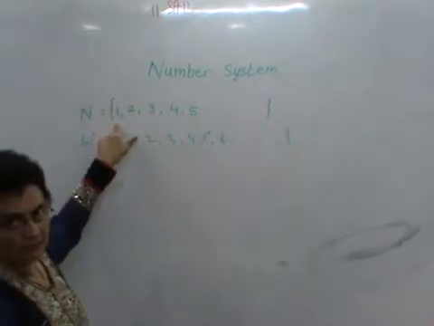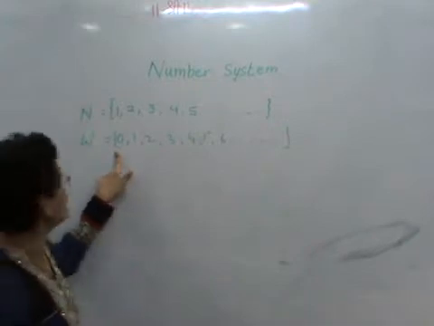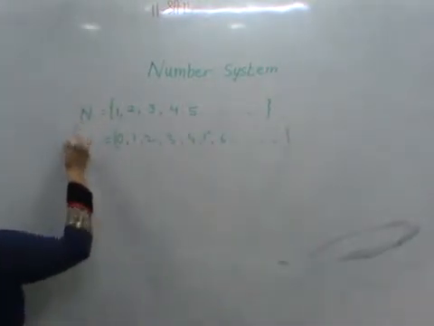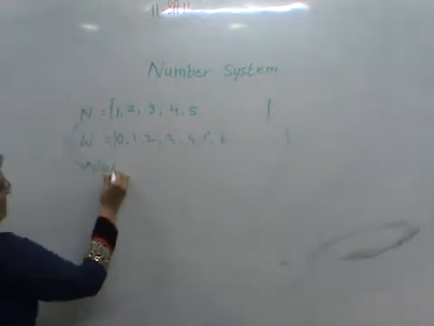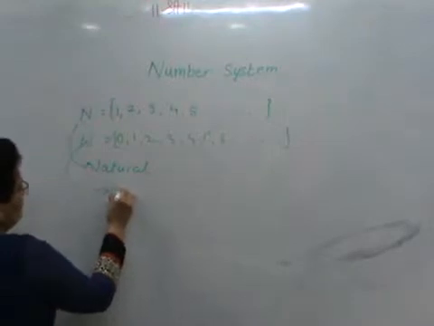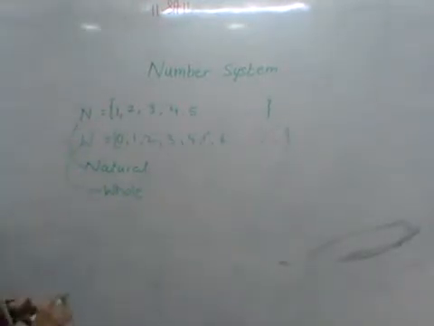Natural numbers start from 1, whole numbers start from 0. Natural N, W for whole.